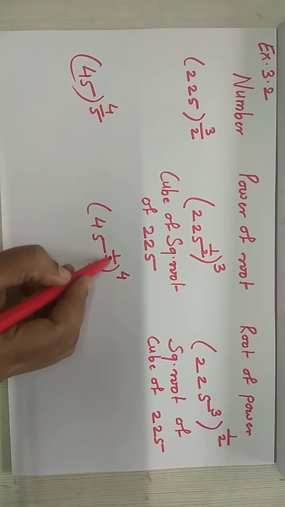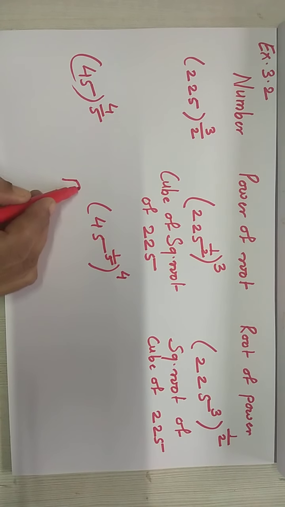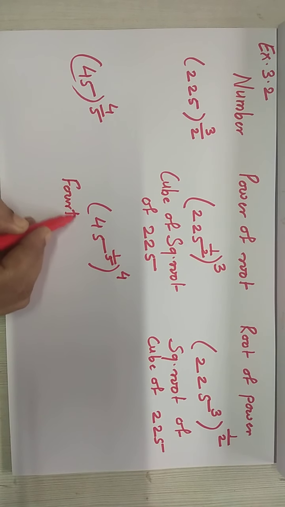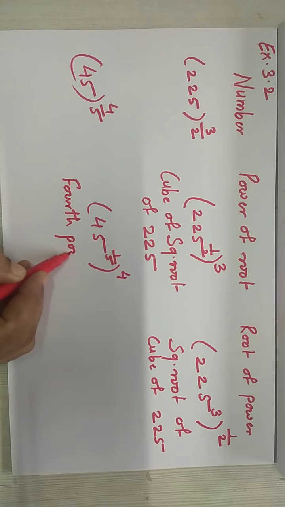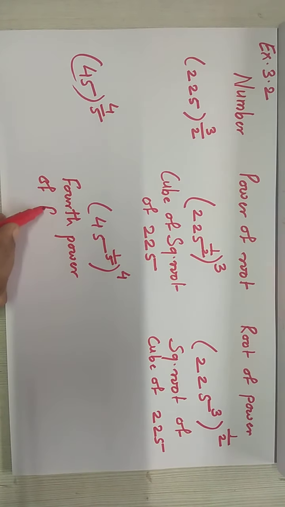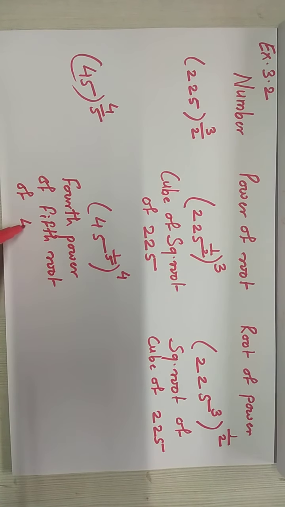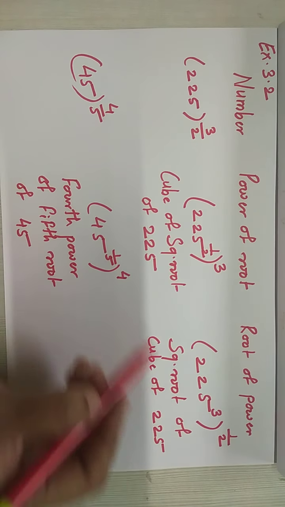So how to write this one? 4th power of 5th root of 45.